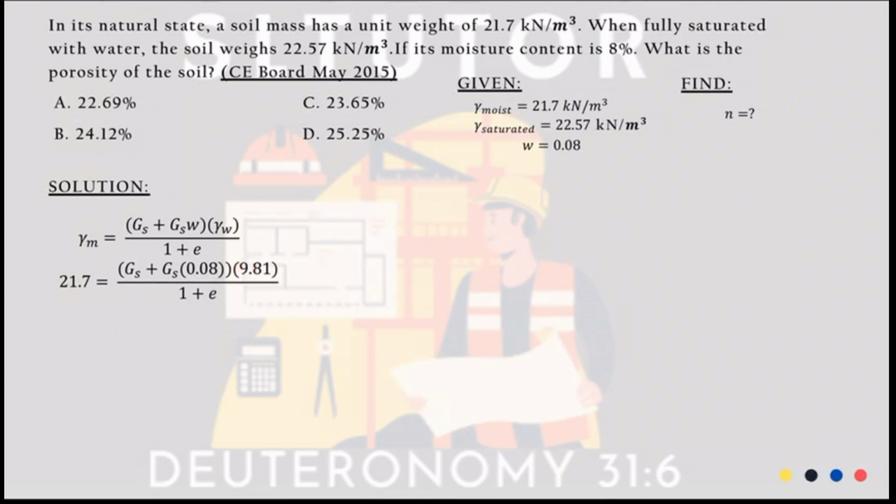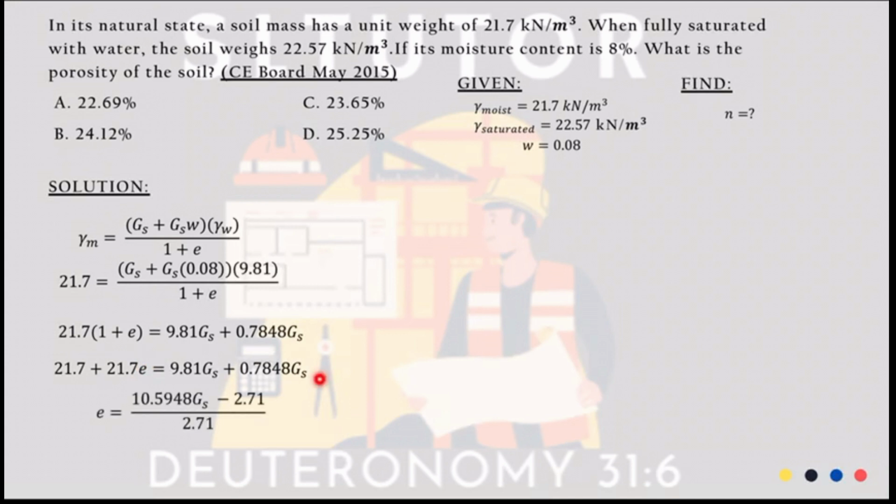So, magiging ganito yung equation, and then i-distribute po natin yung 21.7 sa 1 times 21.7 times E. And then, ililipat po natin yung 21.7 to the right side. I-divide natin itong buong equation by 21.7 so that we can isolate the void ratio or E. So, ito yung magiging equation natin. We can simplify further.